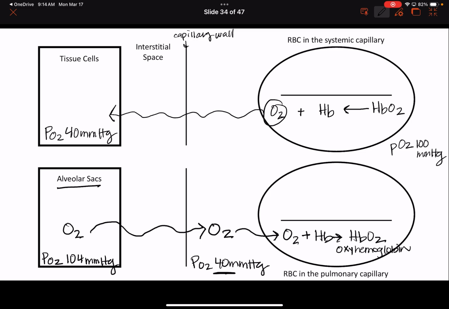Okay. Now we're going to do CO2, which is a little bit more involved. But what is our PCO2 at the tissues? 45 millimeters of mercury. Remember, with PO2 of 40 at rest, it could be less than 40. CO2 could be greater than 45. 45 is at rest.